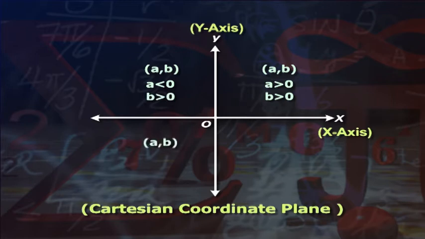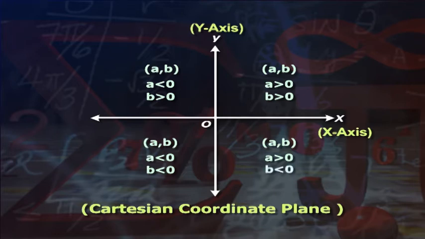The third quadrant consists of ordered pairs (a, b), where both the coordinates a and b are negative, and the fourth quadrant consists of ordered pairs (a, b), where the first coordinate a is positive and the second coordinate b is negative.